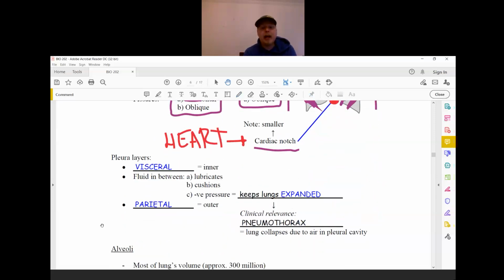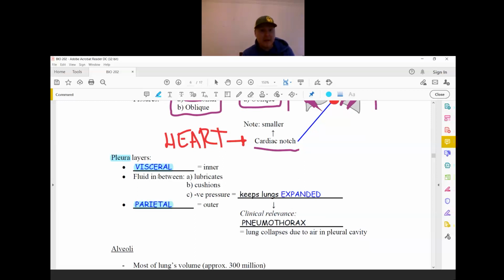We do have pleura lining the lungs. So another important structure that you might want to be aware of, made of the visceral, which was the innermost pleura, and parietal pleura, which is the outermost.